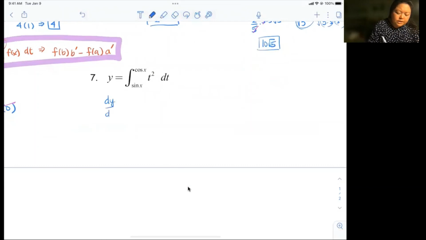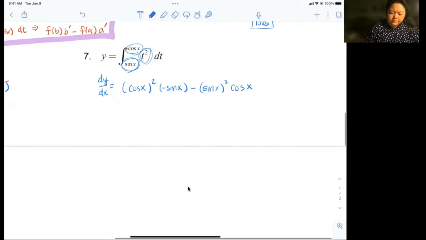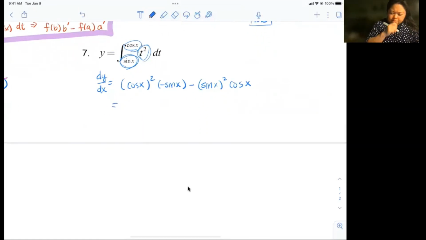So dy over dx equals, f of b, so that's cosine x squared times the derivative of cosine x. So you got to keep in mind, derivative of cosine is negative sine x, right? Minus, all right, plug this in now. So sine x squared. What is the derivative of sine x? That is cosine x. All right, so let's see if we can clean this up a little bit.